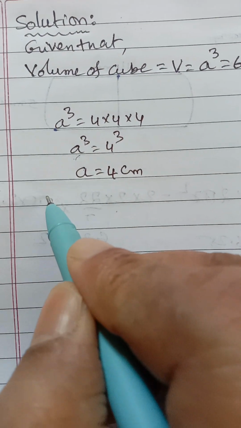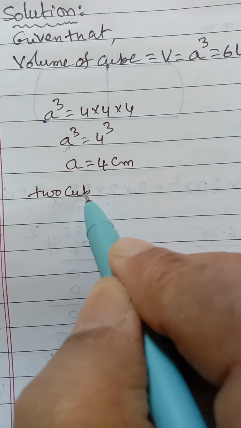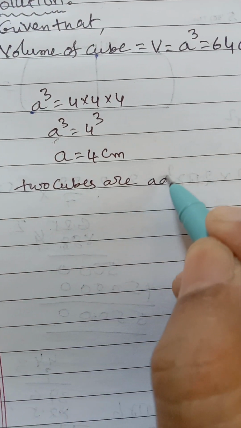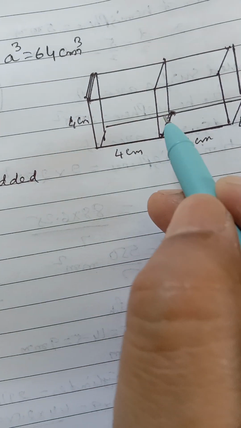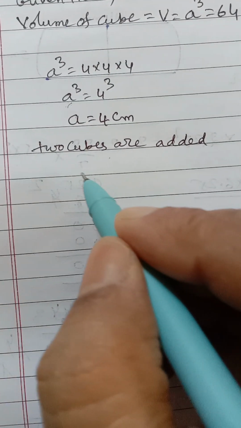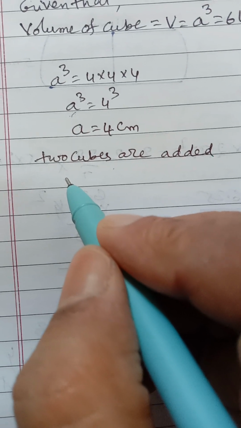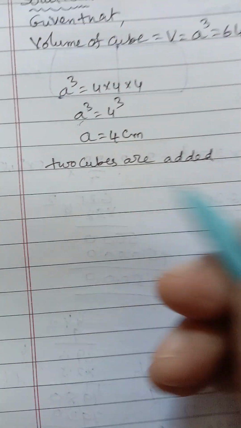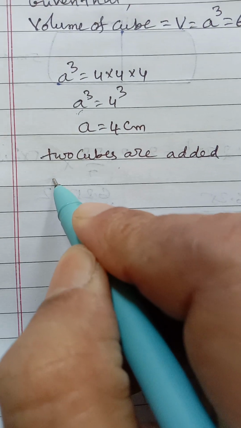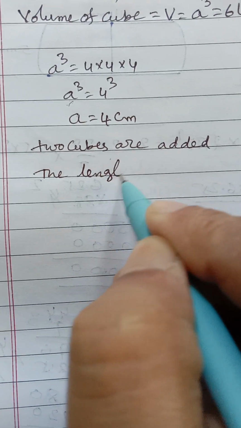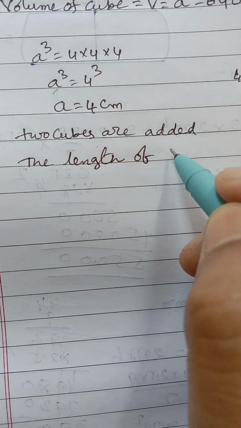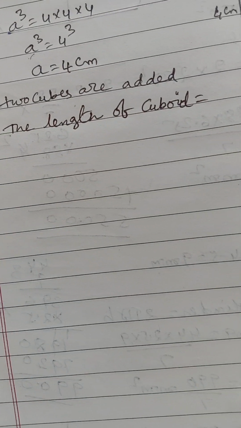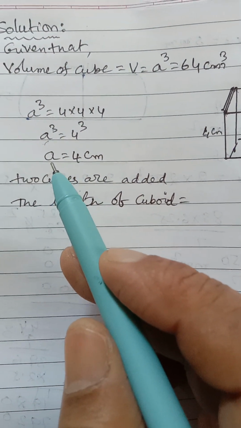When two cubes are added to form a cuboid, the length of the cuboid is equal to the length of two cubes added. The length of the cube is equal to 4 centimeters.